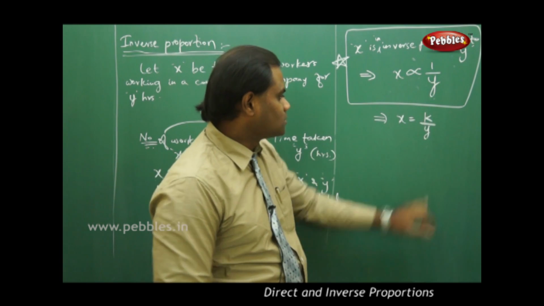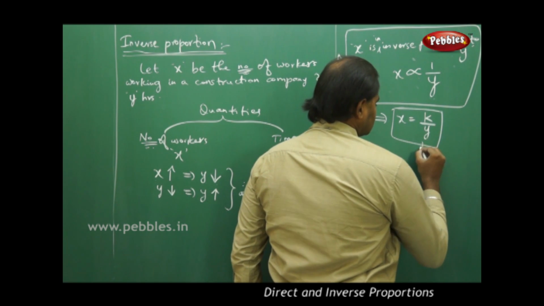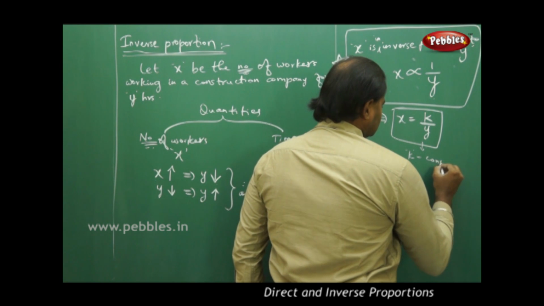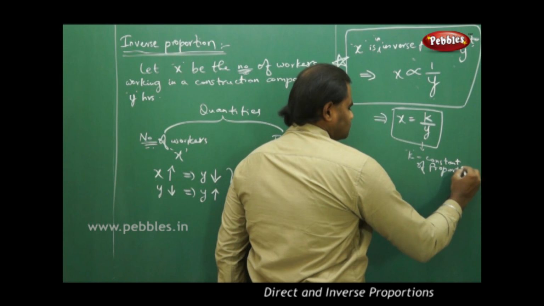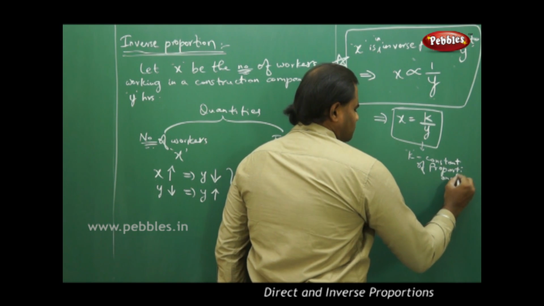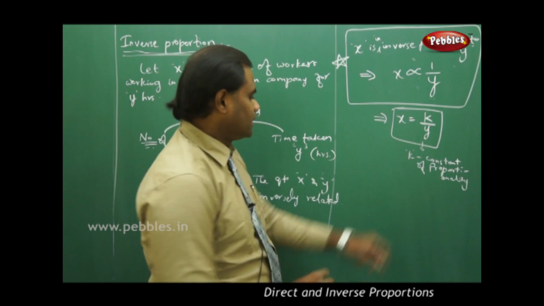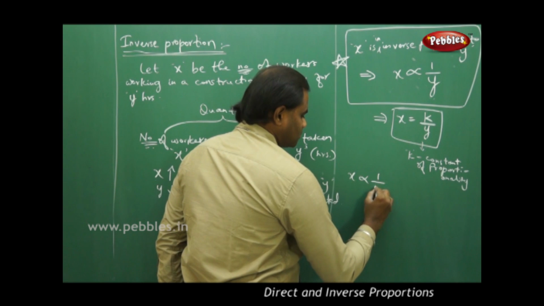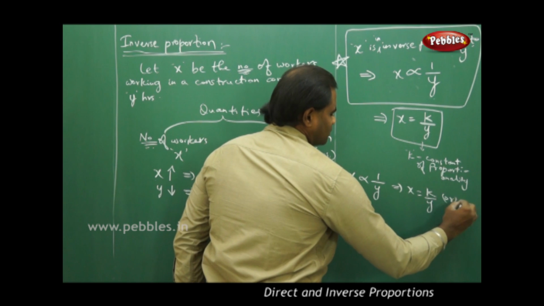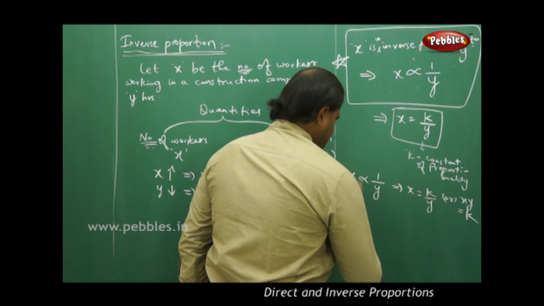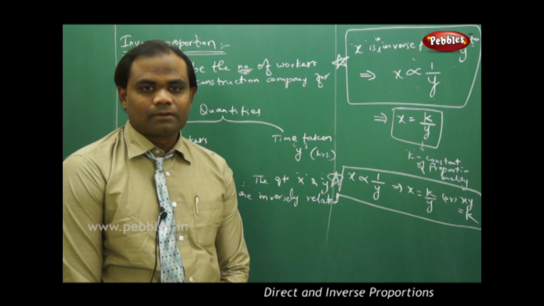Then this will be k times 1 by Y, where k is the constant of proportionality. So this is called constant of proportionality. So therefore, when X is inversely proportional to Y implies X equal to k by Y, or xy is equal to k, is how I understand the inverse proportion in the notation.